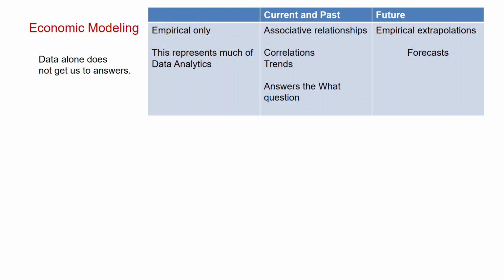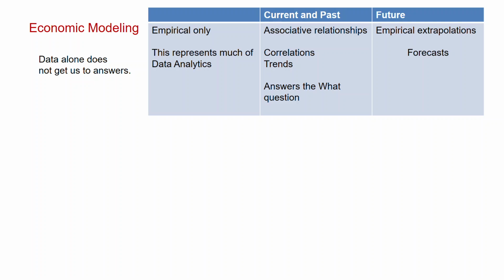So in that, what we're doing is we're looking for associative relationships such as correlations or trends over time. And this does answer what question? What's been happening to inflation over time? Go collect the data, look at the trend.